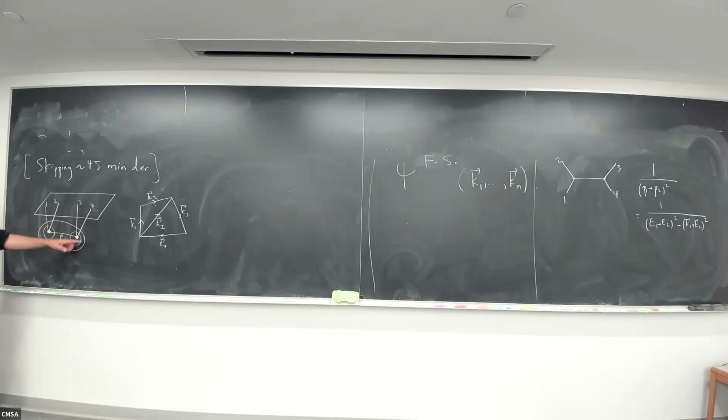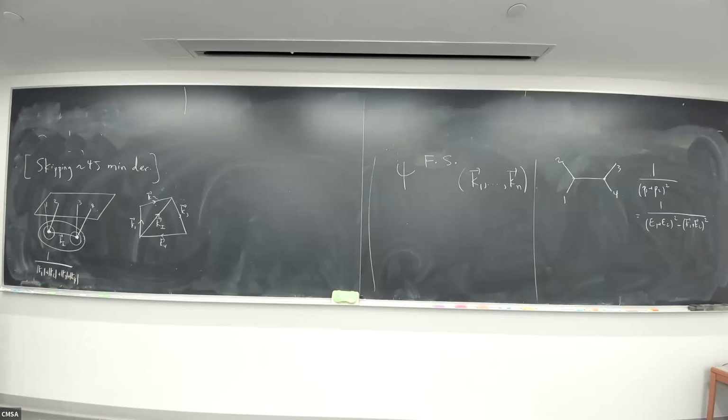With every tubing, you write down a factor of the sum of the quote unquote energies that enter the tube. What do I mean by energies? I just mean the magnitudes of the K vectors. So for example, with this big tube on the outside, 1, 2, 3, and 4 enter this thing, so I just write down 1 over K1 plus K2 plus K3 plus K4.